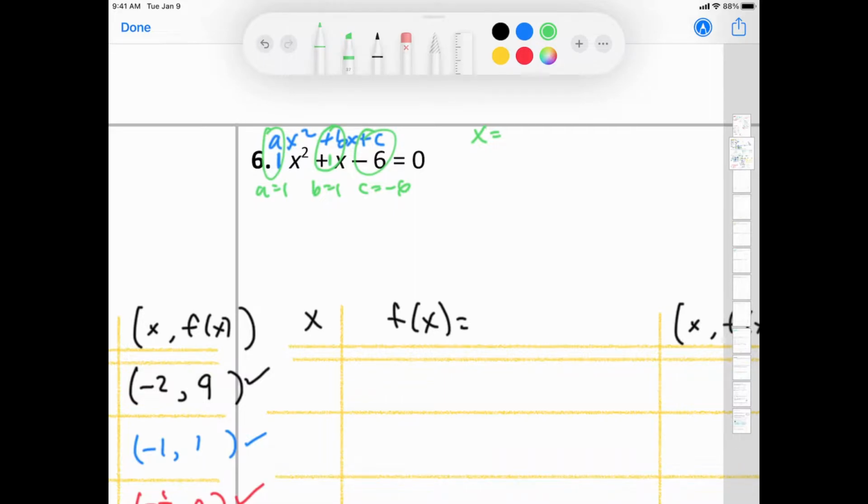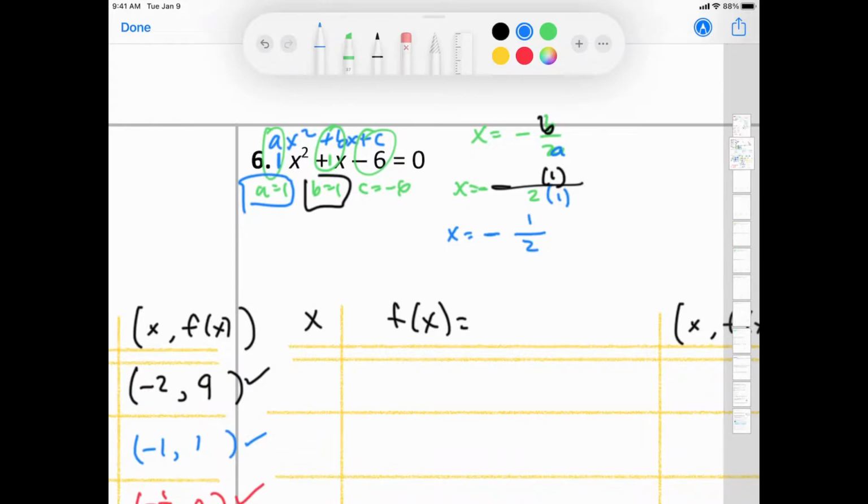Let's write down our axis of symmetry. Always write down the formula. A is 1. B is 1. Let's write in everything else. There's my negative sign. And 2 down here. So if we simplify this, x equals negative 1/2. Fun!